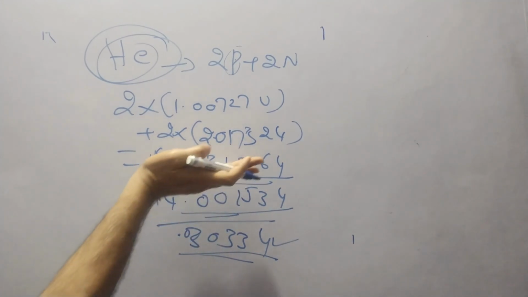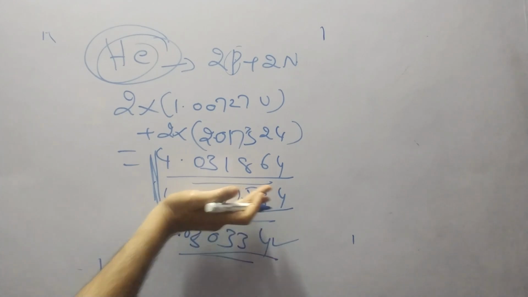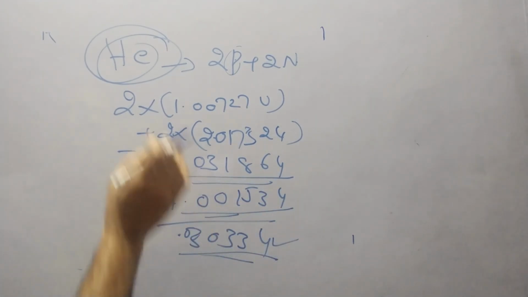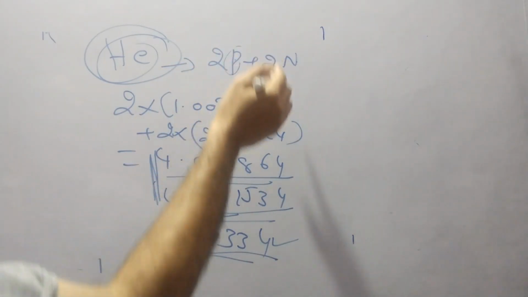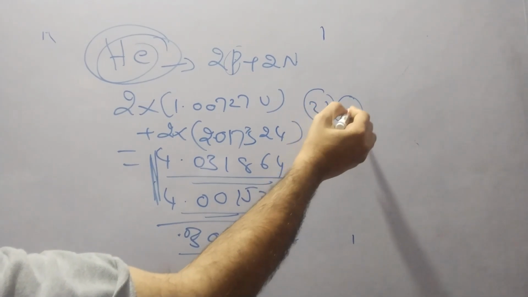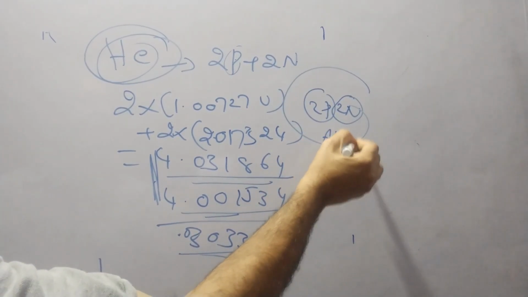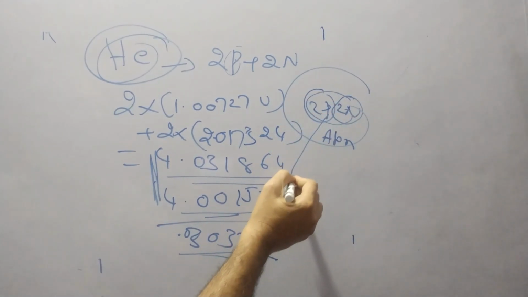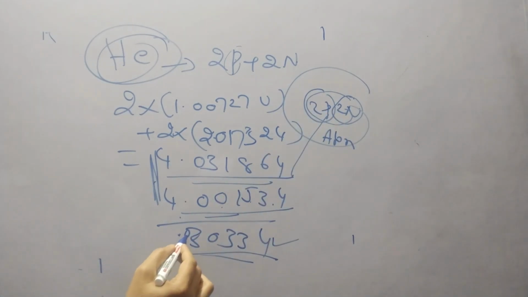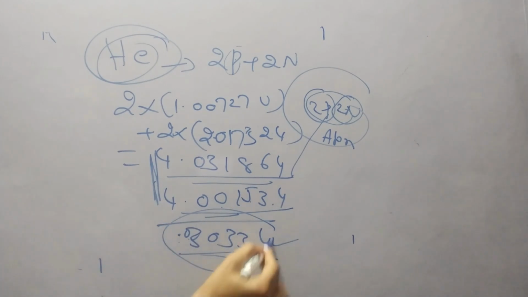When they are separate, this is the mass it should have, but after combining, the mass is 4.001534, so there is a loss here. So when they combine, two protons and two neutrons in a nucleus, the actual mass is not there, only 4.001534 is there, which means there is a loss.